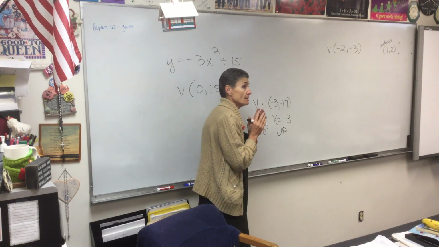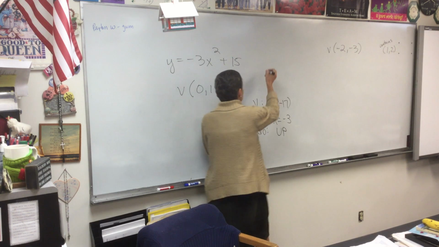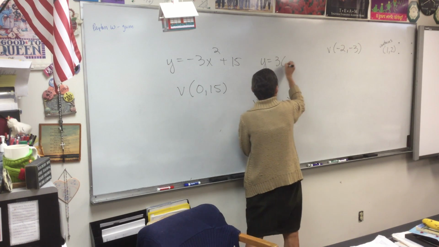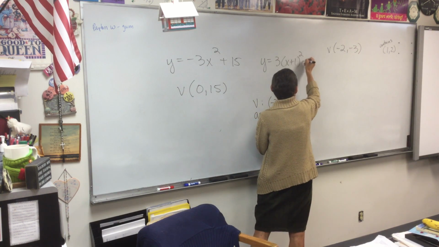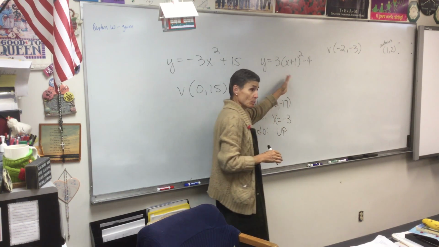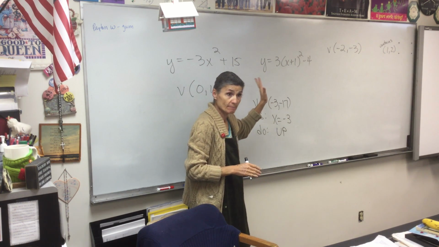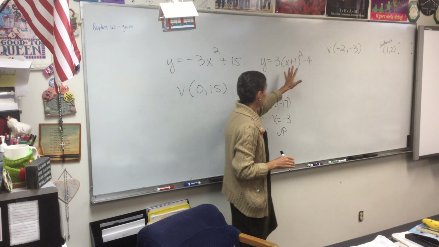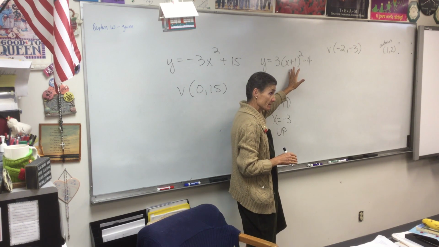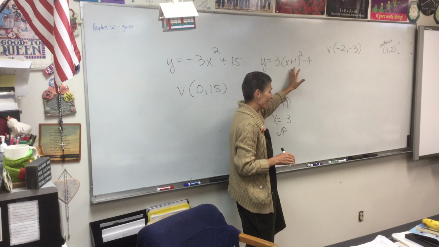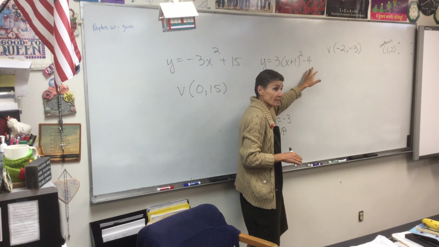All right? Now, I want to remind you, this is what the equation of a parabola looks like. I'm just making this equation up, but that's what the equation looks like, right? This one would be shifted 1 unit to the right. Nope. 1 unit to the left, and 4 units down.